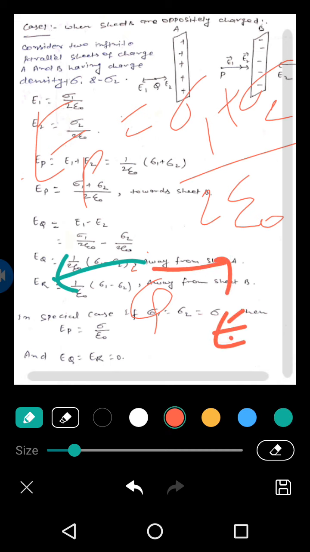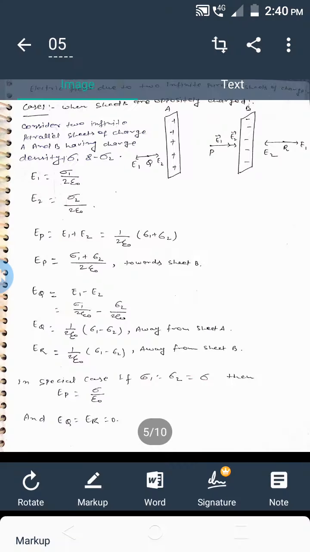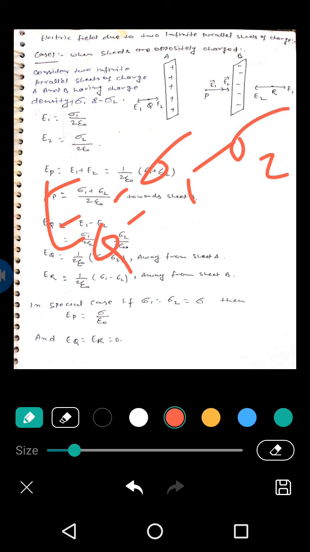That's why the electric field at point Q is the vector sum of E1 and E2, and obviously they are in opposite directions. So EQ equals E1 minus E2, that is sigma 1 minus sigma 2 divided by 2 epsilon naught.